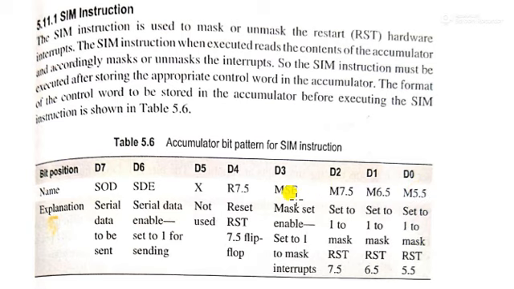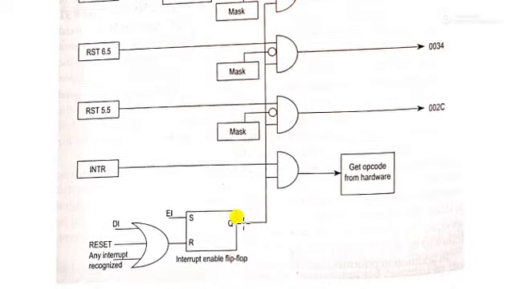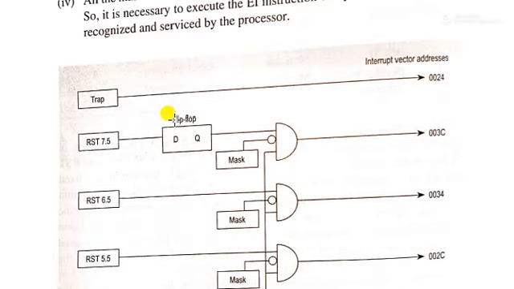Now come to the D4 bit. The D4 bit is basically the extra bit for RST 7.5, because in the previous class we saw the interrupt diagram where an extra flip-flop is used. A D flip-flop is used to mask or unmask RST 7.5, because RST 7.5 works on the edge-triggering concept.